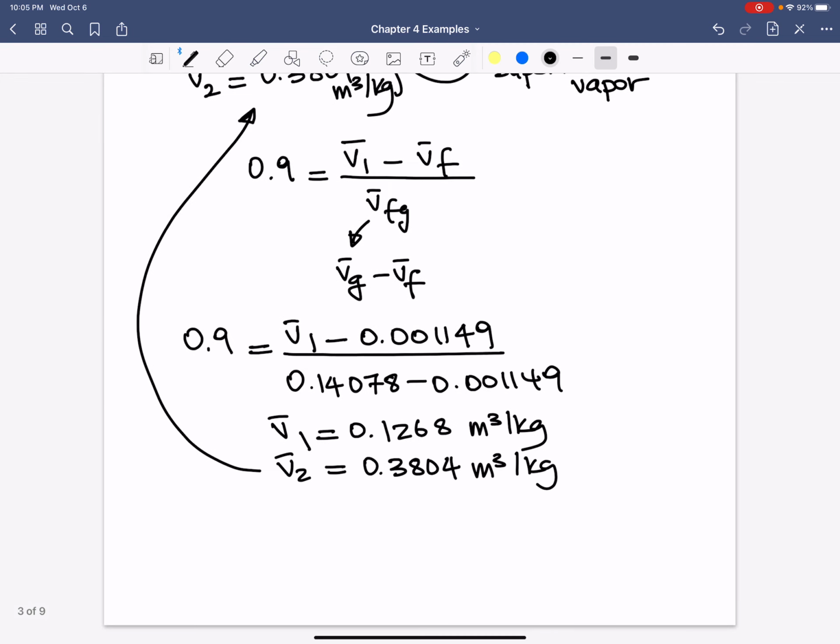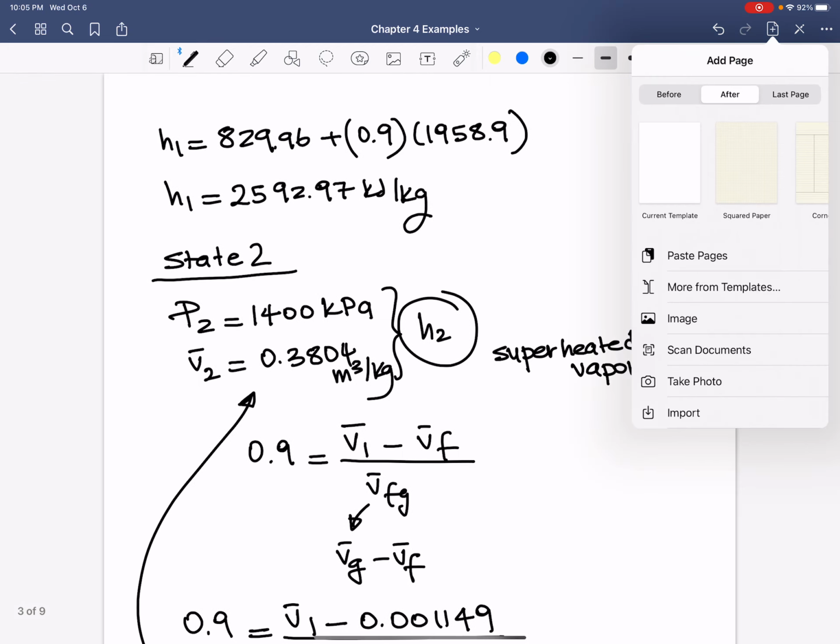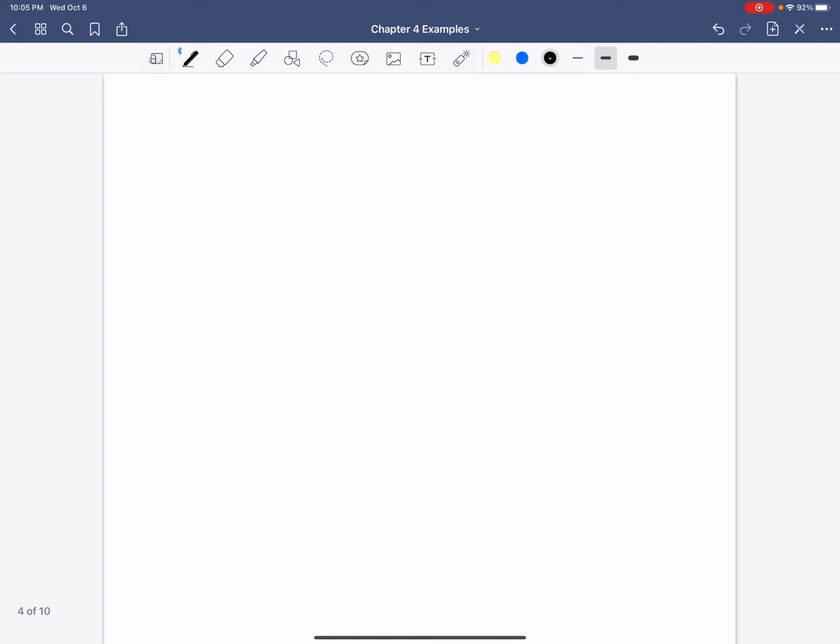So take these numbers and do your interpolation. So let's do that linear interpolation on another page here. Okay, so we read specific volumes and then specific enthalpies from table A6 for linear interpolation.